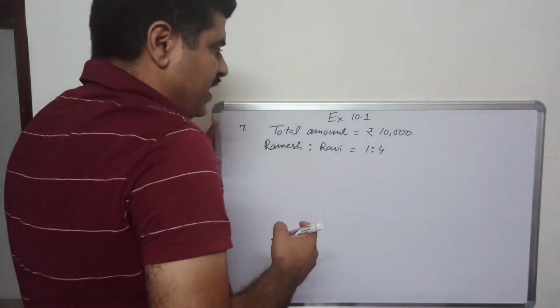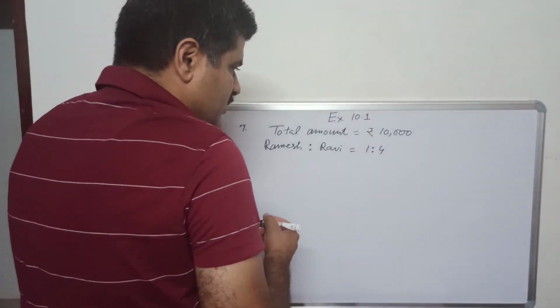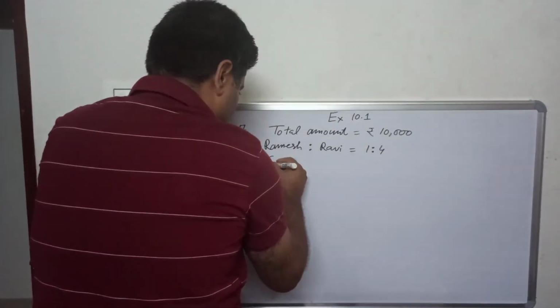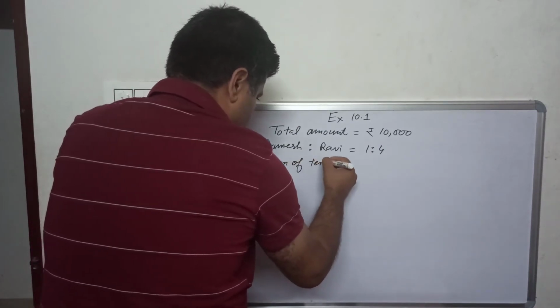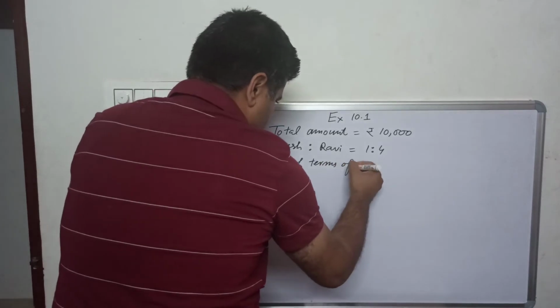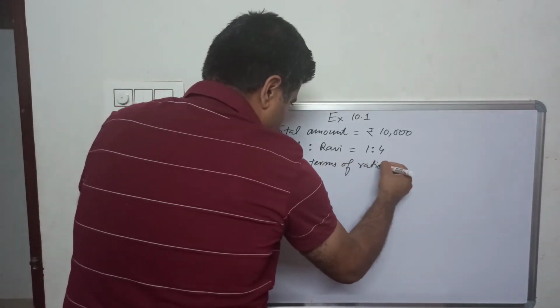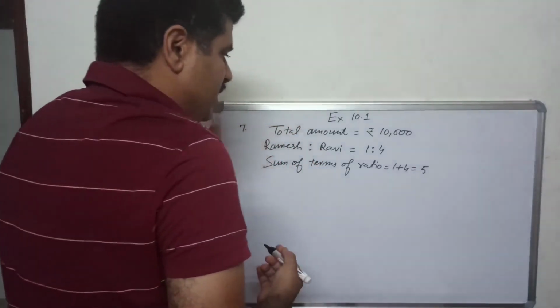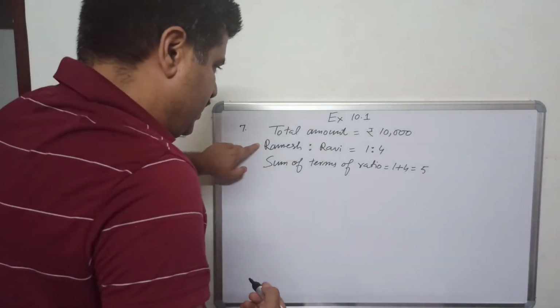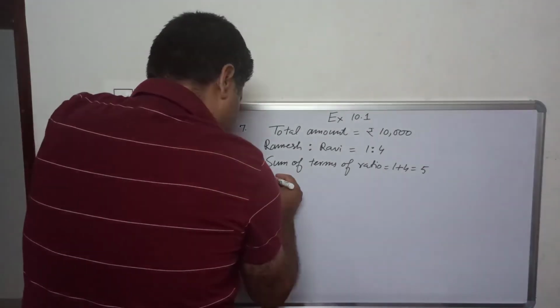Now let us find out the sum of the terms of ratio. Sum of terms of ratio is 1 plus 4, that is equal to 5. Now we have to find share of Ramesh and share of Ravi.